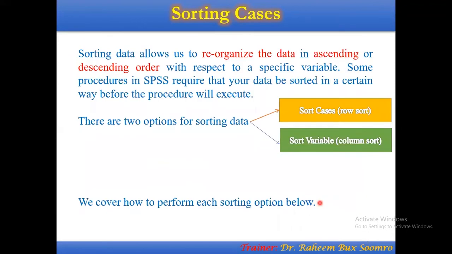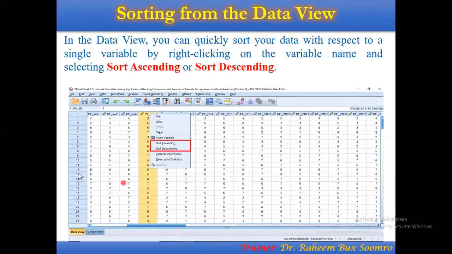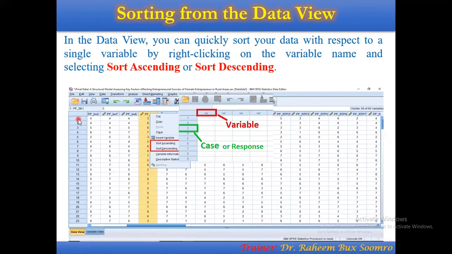Now, you can reorganize or rearrange your data in ascending or descending order. Based on your sort, you can sort your cases, rows, or you can sort variables, columns. Here, these are your rows and these are your columns.